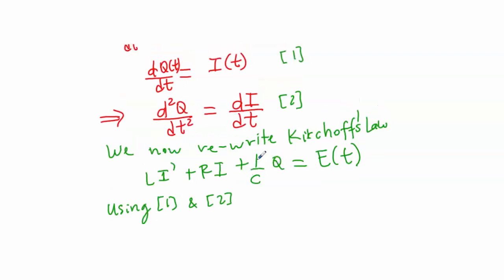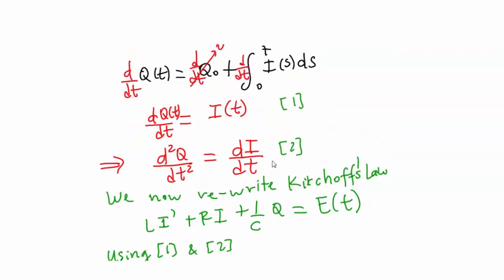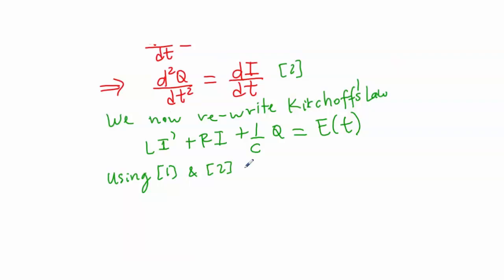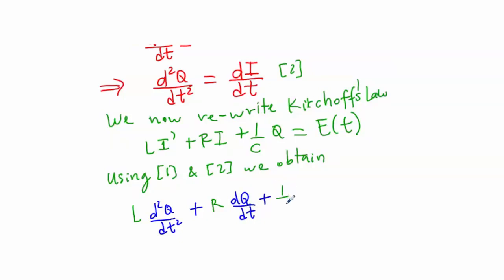And also the last term, 1 over C times Q, and the middle term R times I can be substituted using expression 1, where I is equal to the first derivative of Q. So using 1 and 2, we obtain, let me write this as it was, L times the first derivative of I, which would be the second derivative of Q, plus R times I, but I, according to expression 1, is the first derivative of Q. And then we have 1 over C times Q and the impressed voltage, E of t.